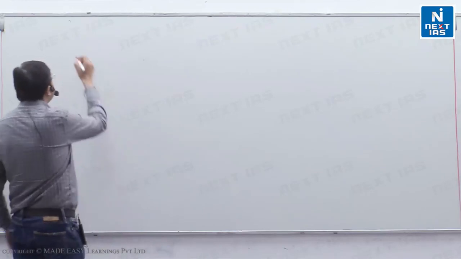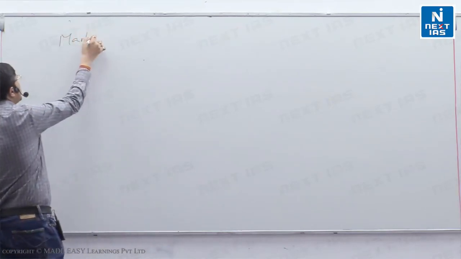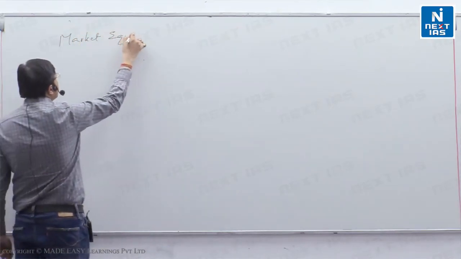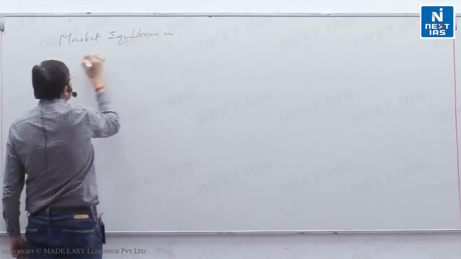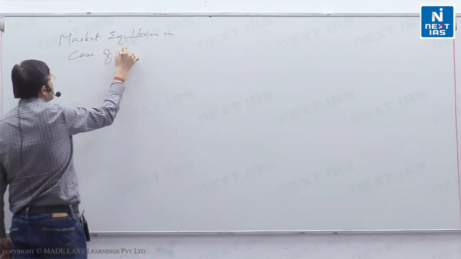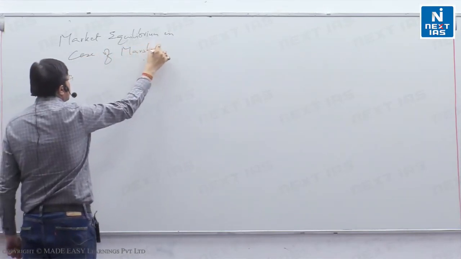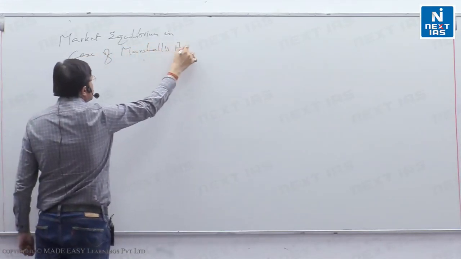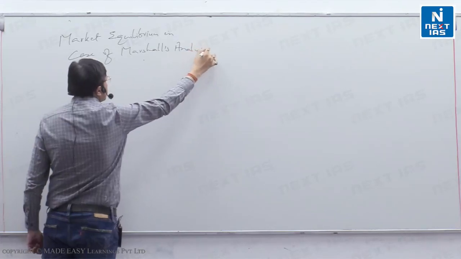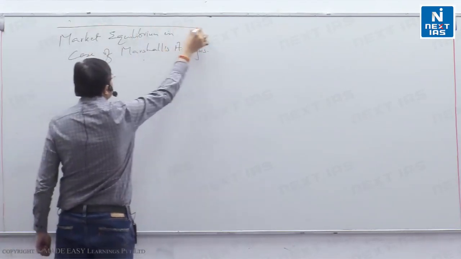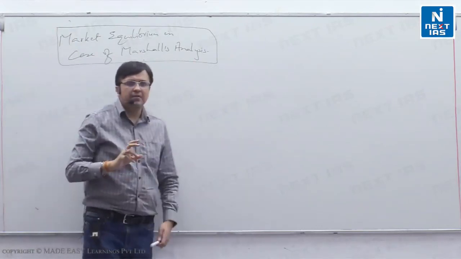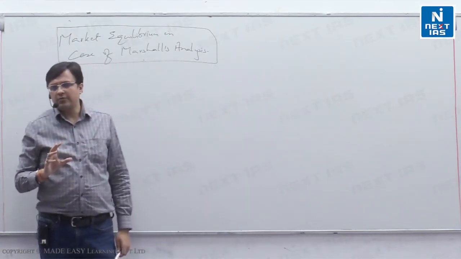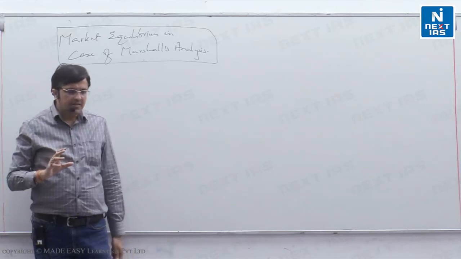So, you give a subheading, market equilibrium in case of Marshall's analysis.